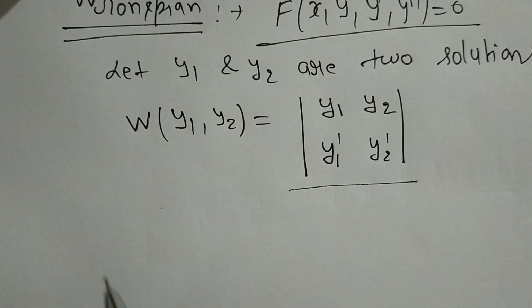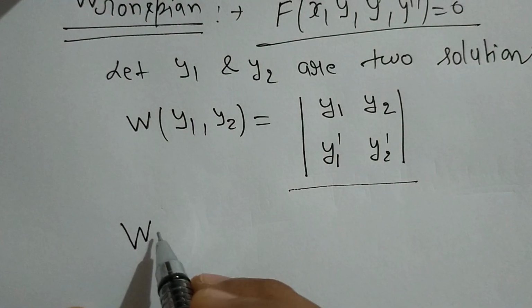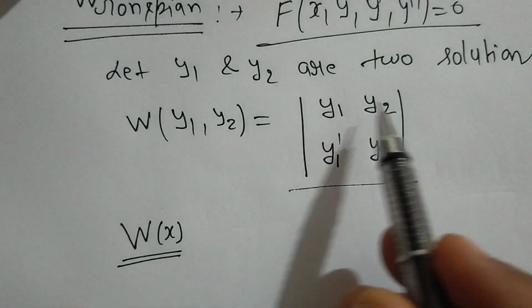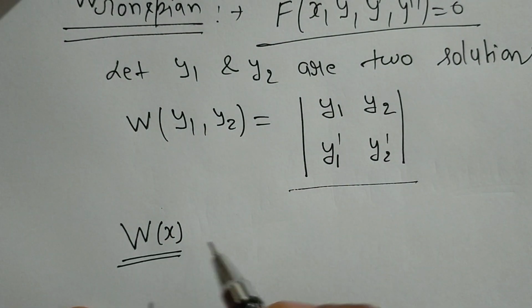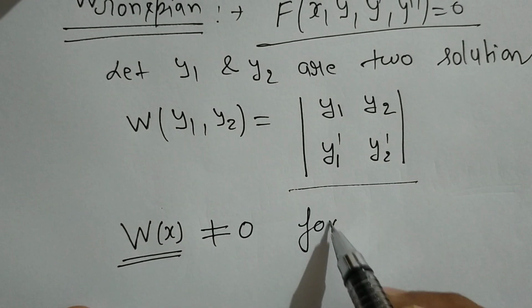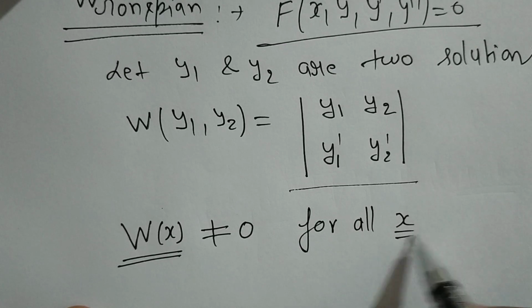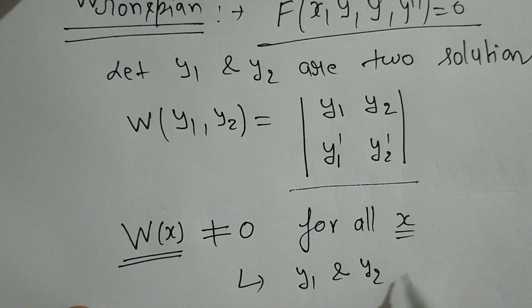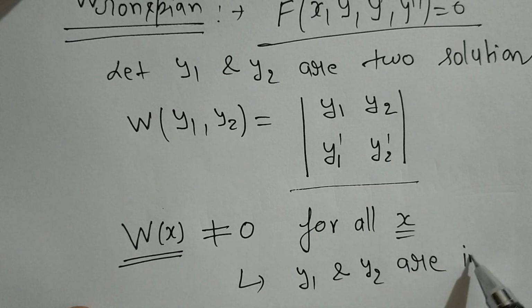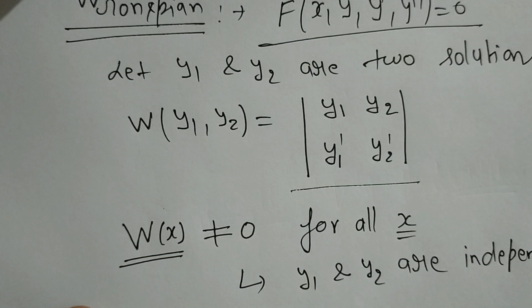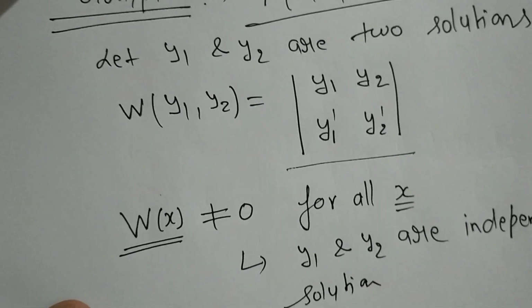Now the Wronskian W of x is a function of x, because y1 and y2 are functions of x. If the Wronskian is non-zero for all x, then we say y1 and y2 are independent solutions.